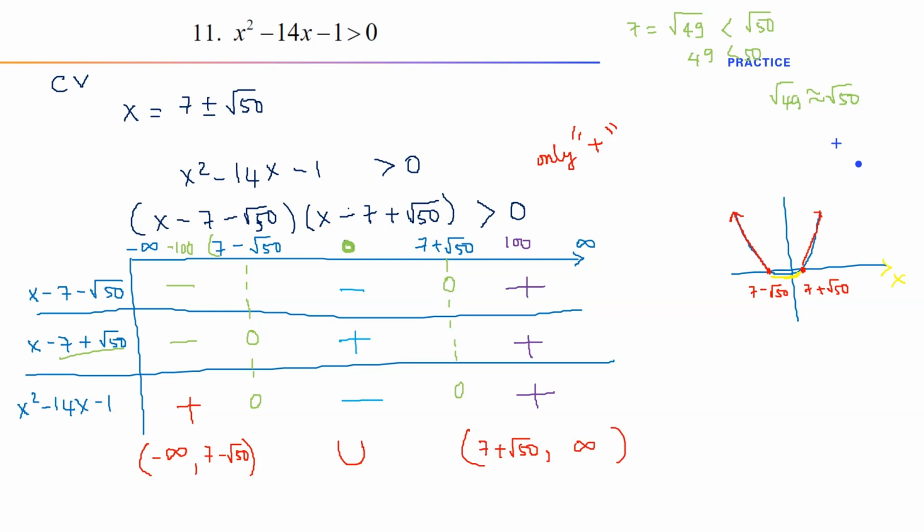This one will be from negative infinity, going toward this part, so that will be negative infinity, comma 7 minus square root of 50, and close the parenthesis, because we don't choose the value that makes it equal 0 here, right? Then union with the one on the right side, 7 plus square root of 50, comma, positive infinity. So that will be easy, right, by using the graph.